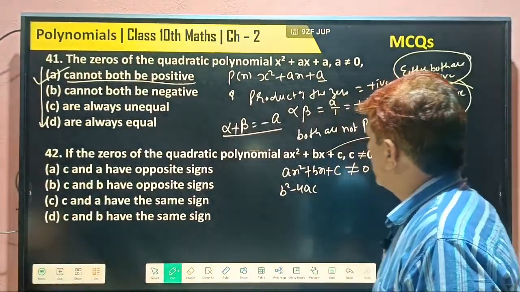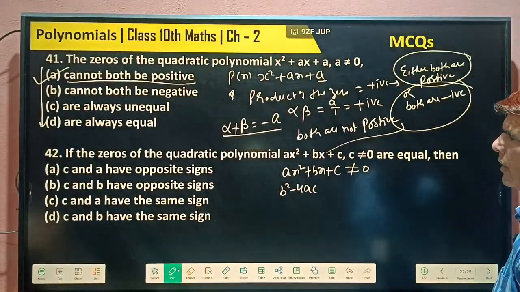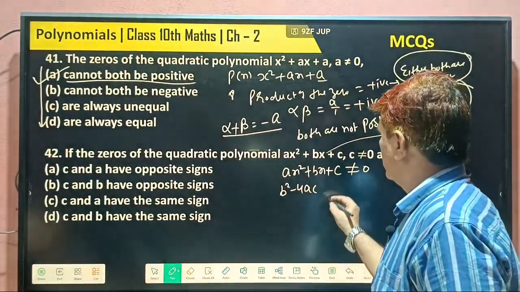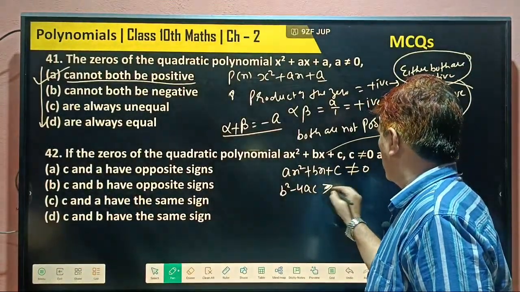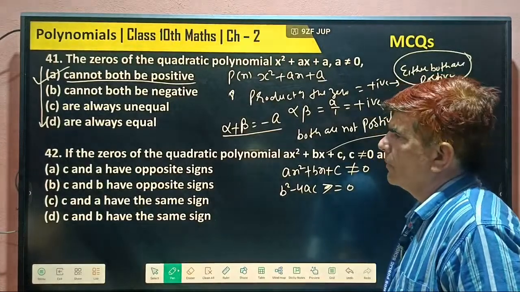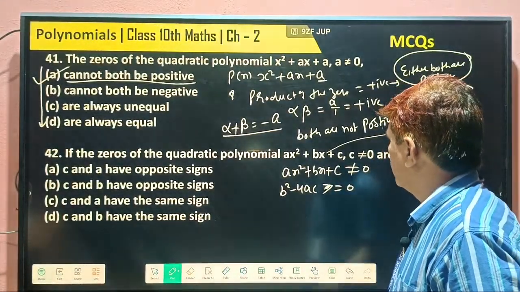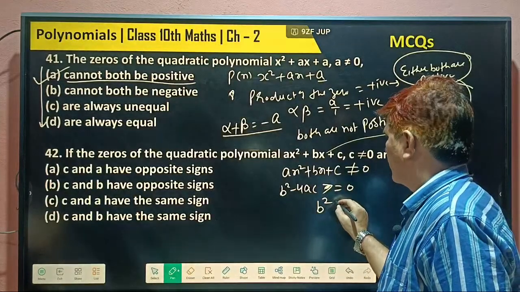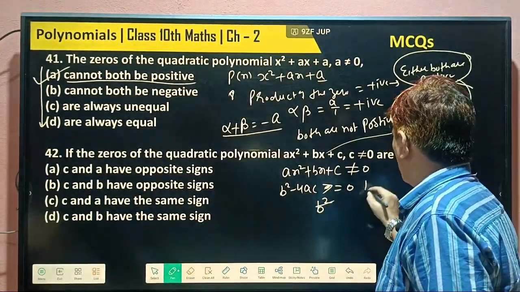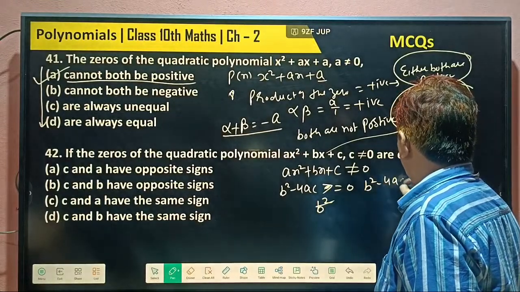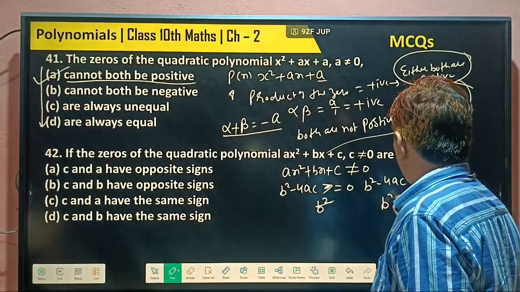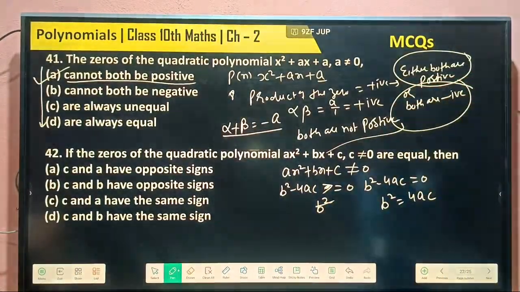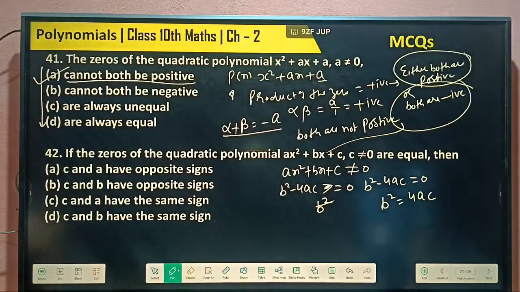The zeros are equal when this is equal to 0. So b square minus 4ac is equal to 0, so b square is equal to 4ac.